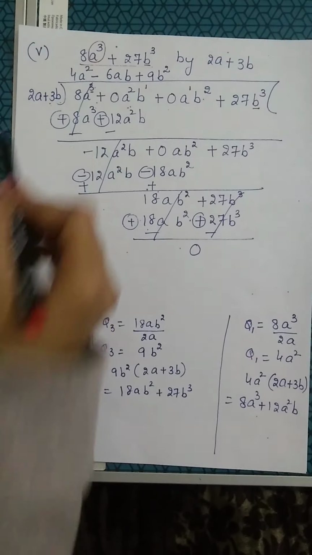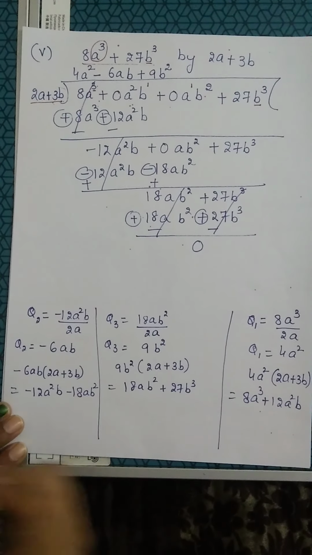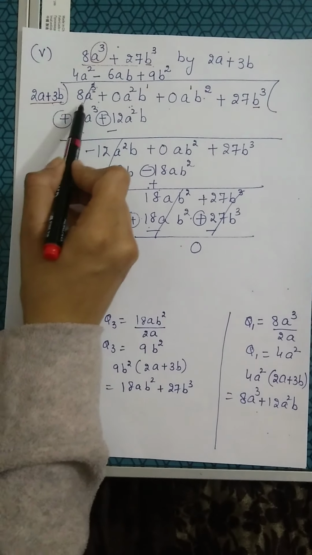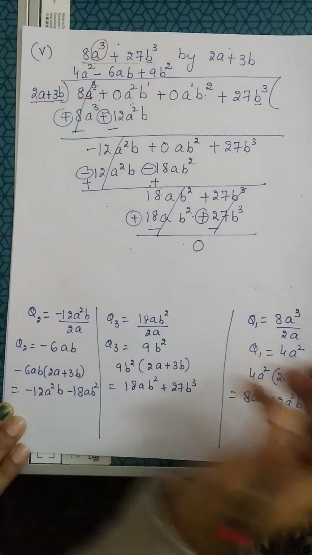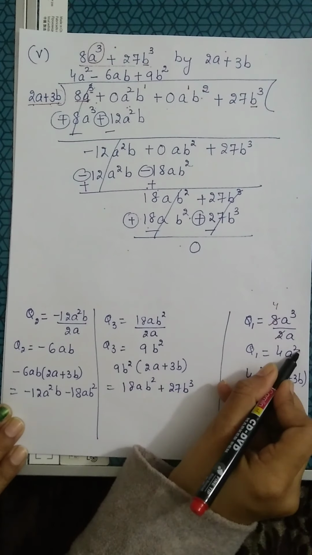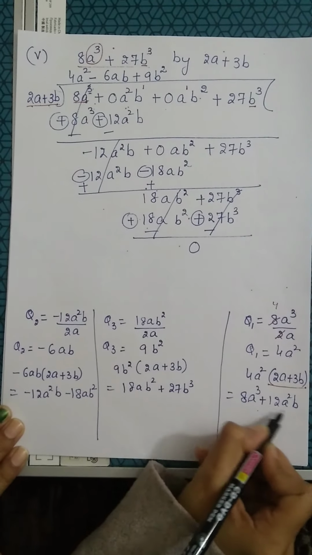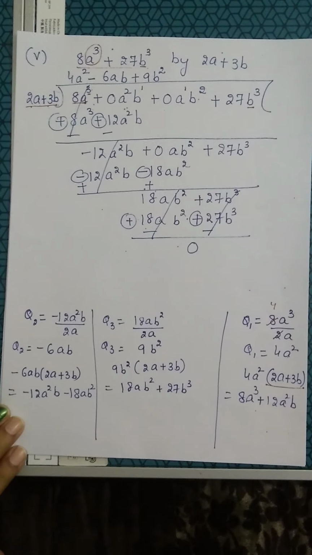Again the same method. Dividend here is 8a cube plus 0a square b plus 0ab square plus 27b cube, divisor here is 2a plus 3b. In order to find quotient 1, first term of the dividend is 8a cube and first term of divisor is 2a. When I divide, I get quotient 1 as 4a square. Now this 4a square will be multiplied with the divisor, and whatever terms I get, I will write like terms below like terms.